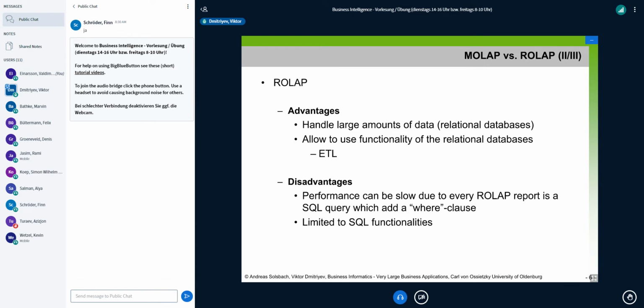And ROLAP is the relational one. It has a huge advantage: because it's a database, behind you have a database that is dedicated to deal with generic types of loads.